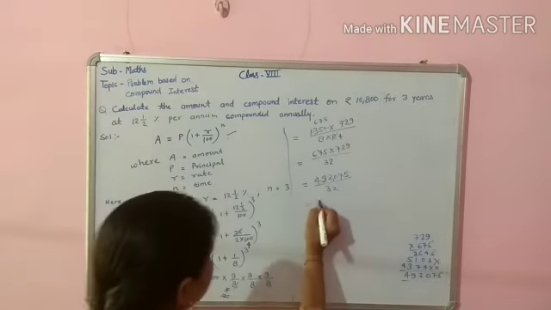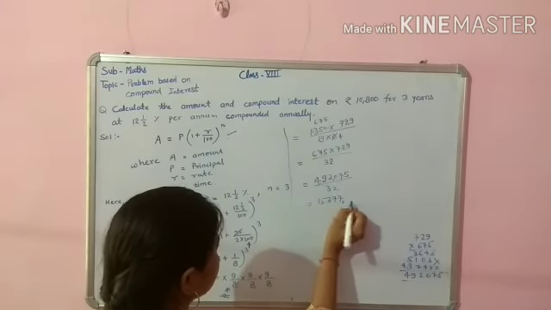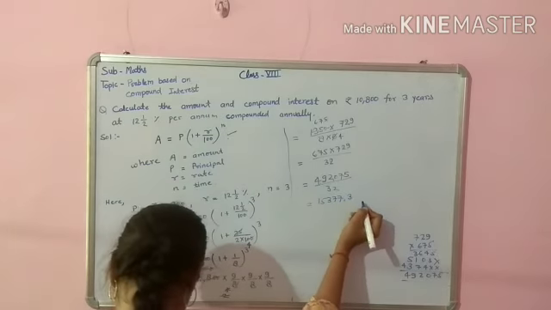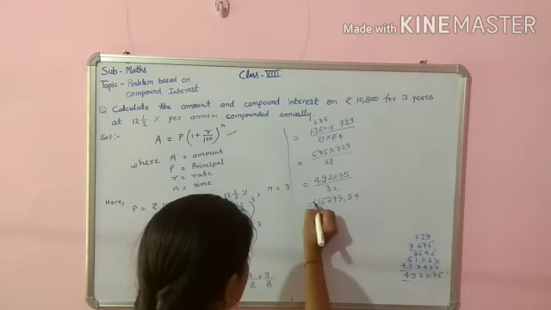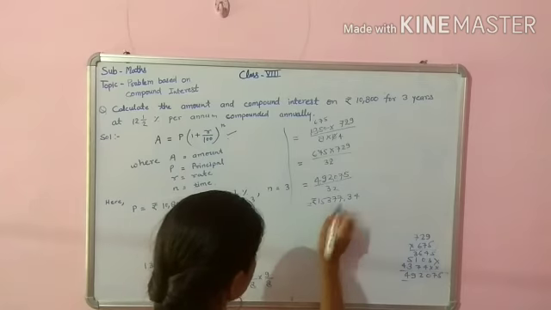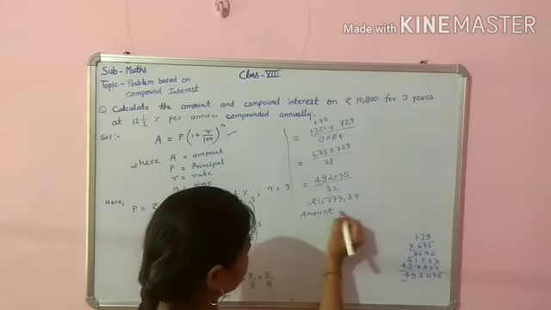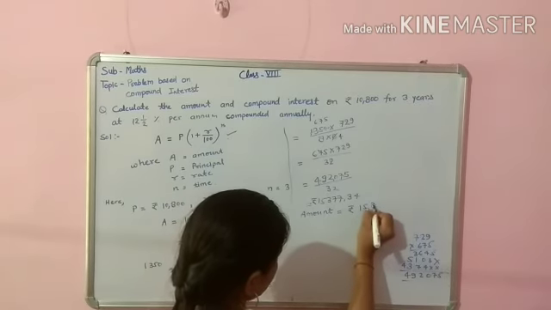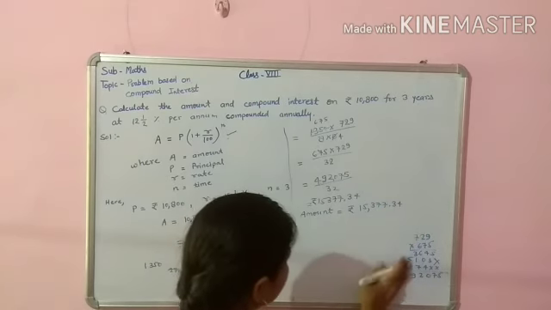You get 15,377.34. Okay. This is your amount. Amount equals to rupees 15,377.34.